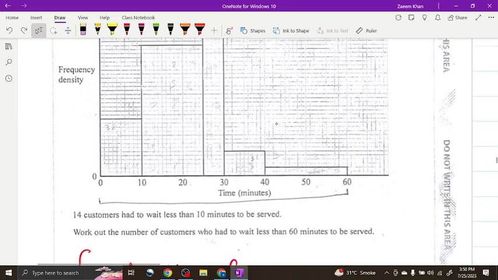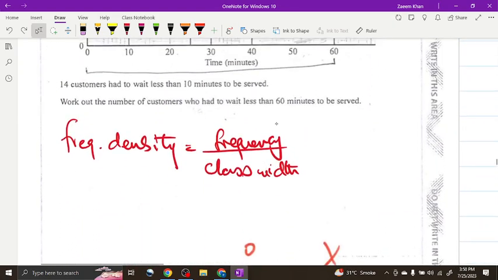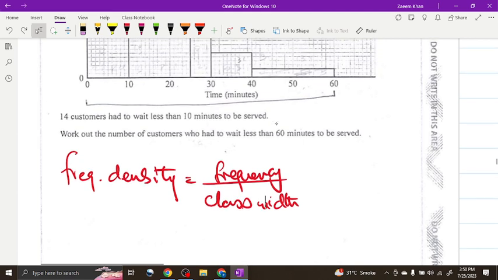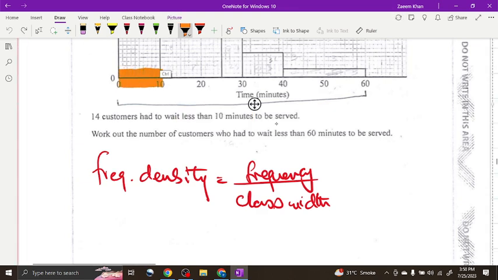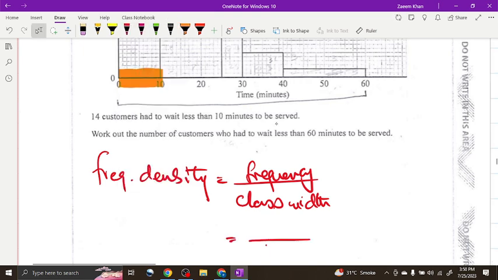How much is the frequency for when they say less than 10 minutes, how much is the class width from here till here? 10. So I know that I have to plug in 10 in the place of class width.